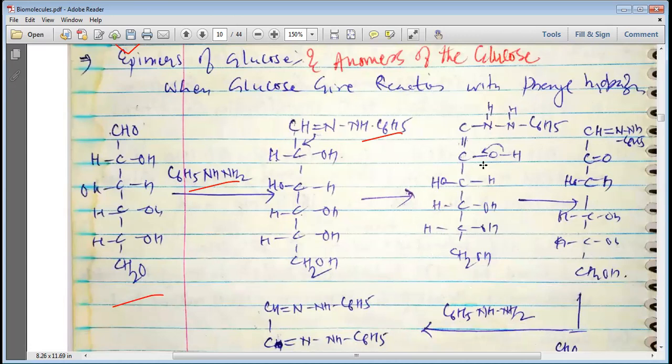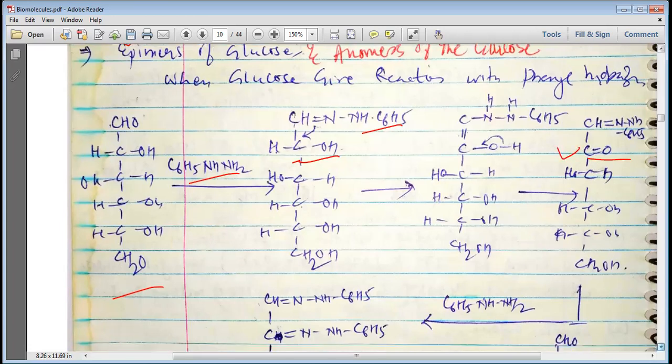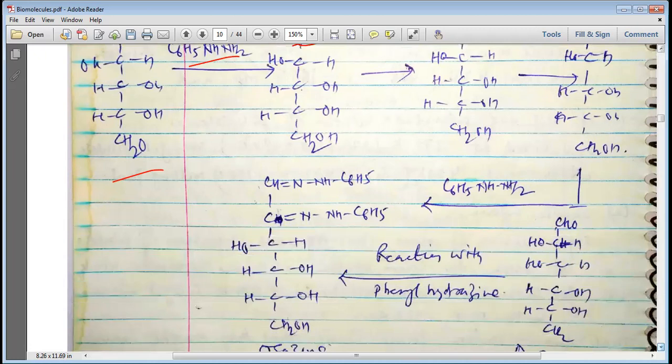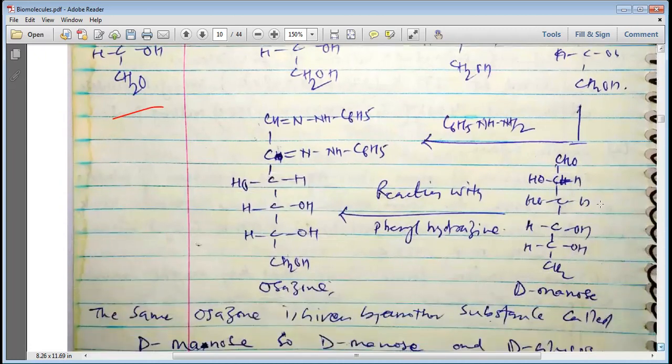Then you can see that this carbon oxygen bond and this double bond undergo the rearrangement, and finally we get this oxygen and carbon with the double bond, and this C6H5 and NH has been changed, and we get the carbonyl group on the second carbon, which turns out to be another form of glucose.